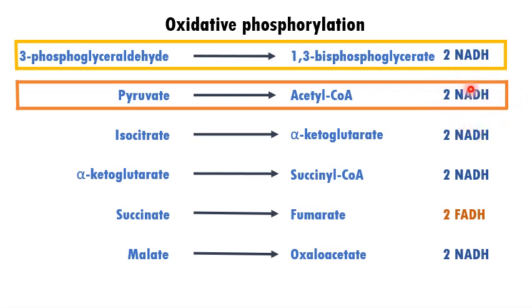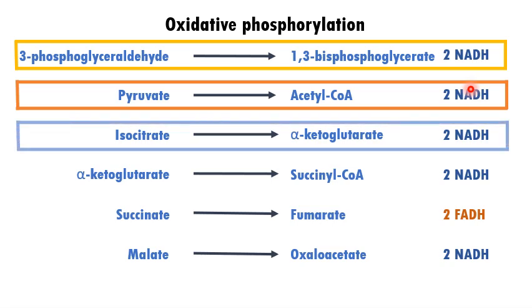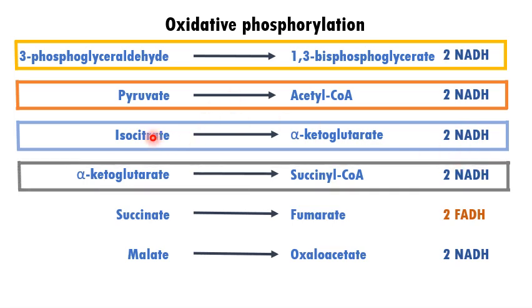And the third reaction, that is isocitrate to alpha ketoglutarate, will yield 2 NADH. Then this is the fourth reaction. This is the fifth reaction, alpha ketoglutarate to succinyl-CoA, that also yields 2 NADH.